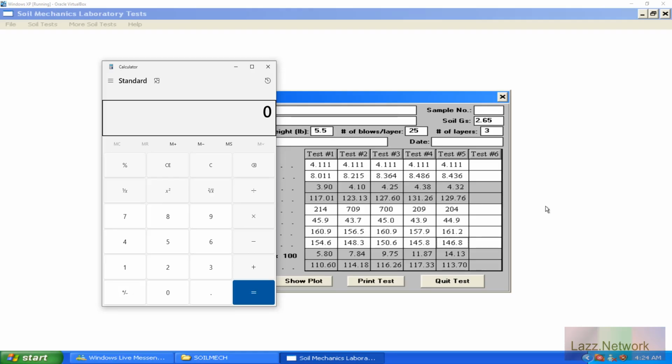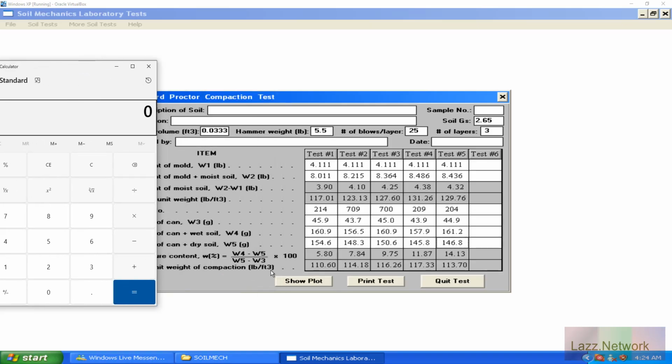I'm demonstrating software, not how to do everything here. So if we wanted to double check, here we got 5.80 or 5.8% for our moisture content, and that was from these values here following this formula here.